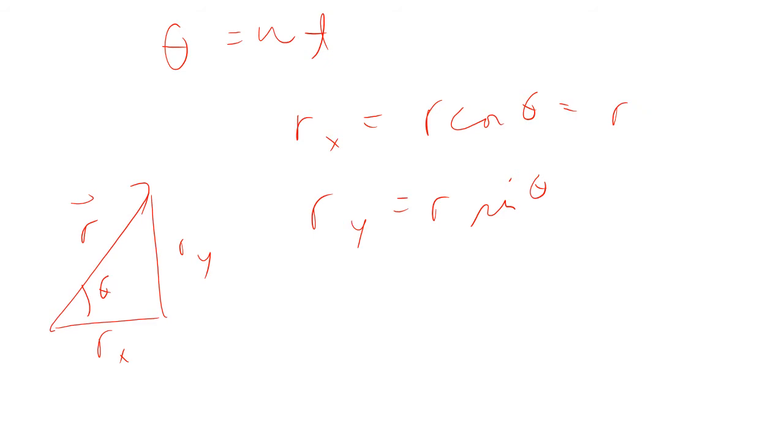So this is r cosine omega t, and that's r sine omega t. So we could then say that our vector r is r cosine omega t in the i direction plus r sine omega t in the j direction.